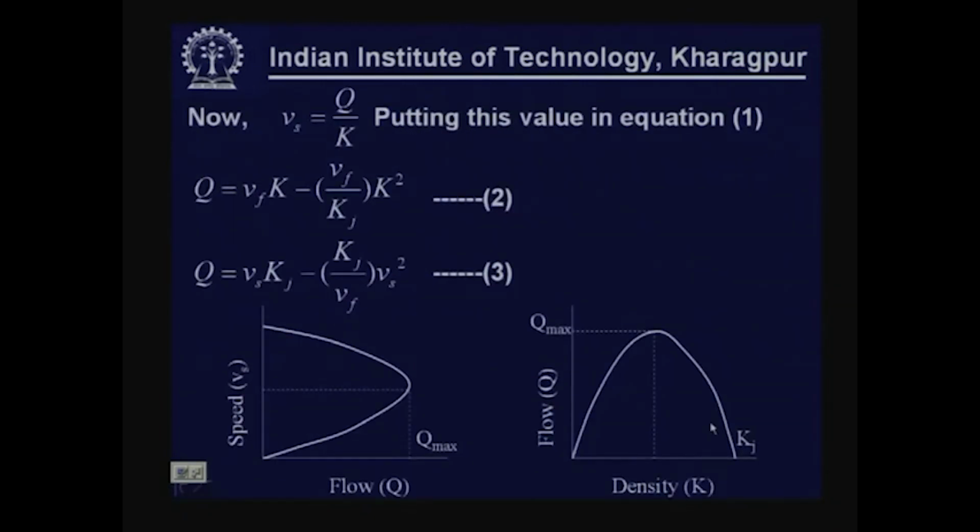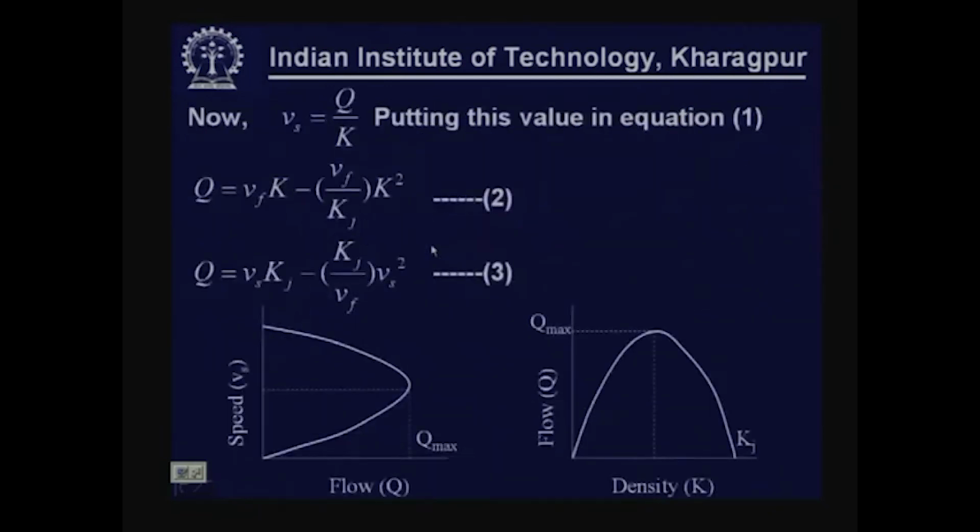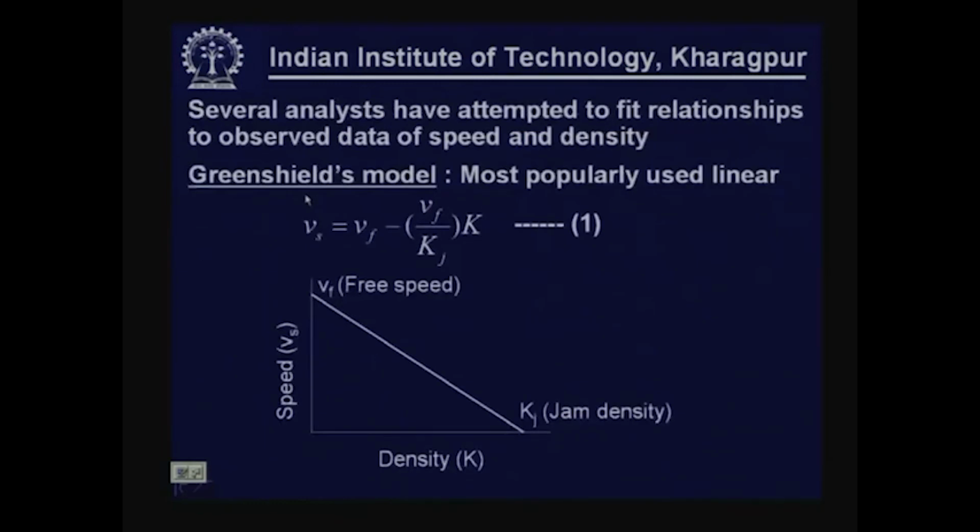Now, what will be the speed flow relationship and flow density relationship based on the above mentioned speed density relationship? Again, use that basic relationship, flow equals speed into density. So, using that we can show that Q equals Vs into K. Now, what is Vs?